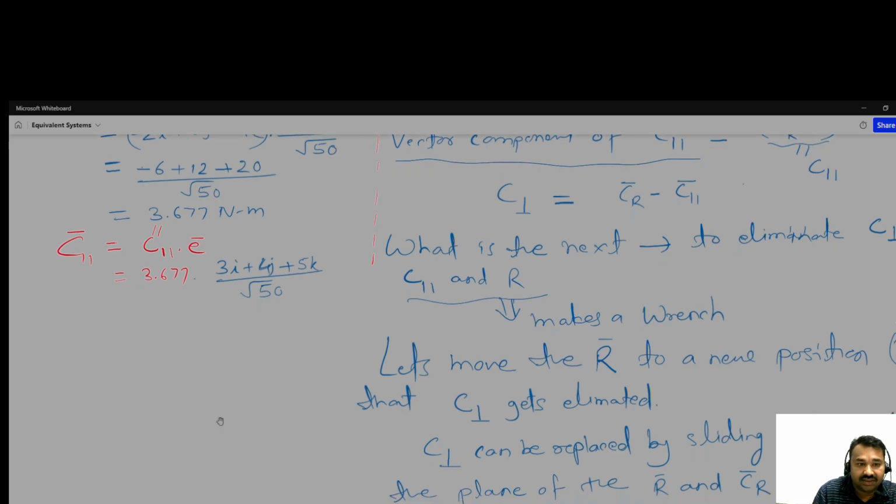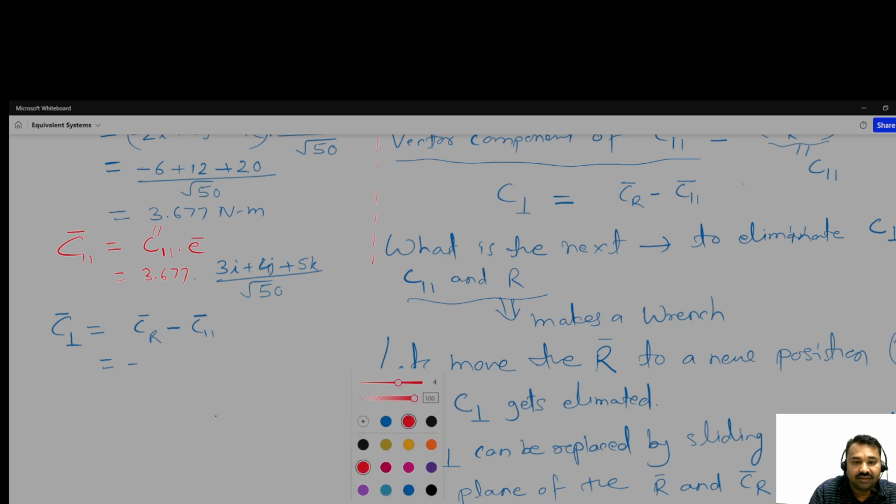So next is to get C perpendicular in the vector form. So already we know the couple resultant, so from that we can subtract the parallel component of this resultant. So this is equal to, let us separate it to avoid any confusion.